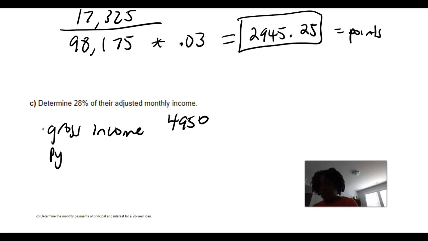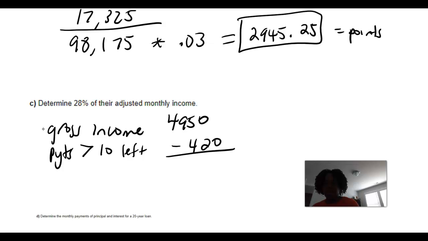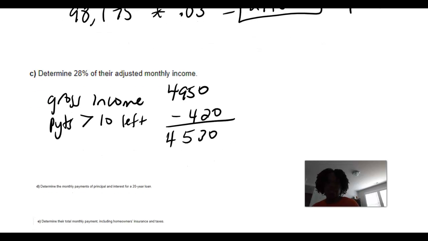The payments that they have that remain that are more than 10 payments is $420. And so we just subtract these two. We're left with $4,530, and we want to find 28% of this. So we multiply times 0.28.